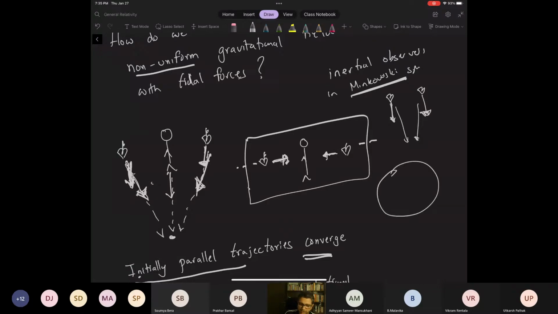Again, by analogy with curved space: if I draw two parallel lines in flat space, they will remain parallel forever. In a curved space, initially parallel lines converge. So the idea is essentially just like that, and we will see that this is the correct generalization of flat space to flat space-time.